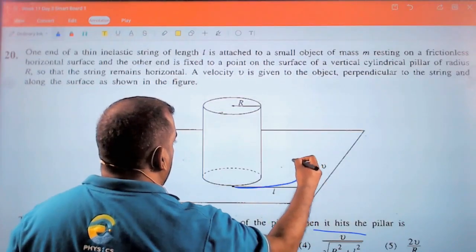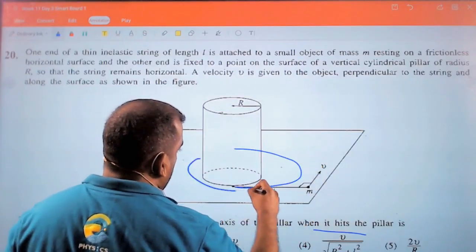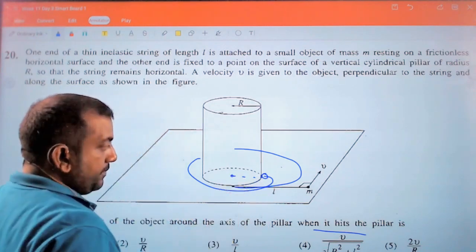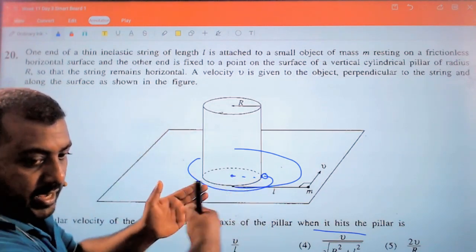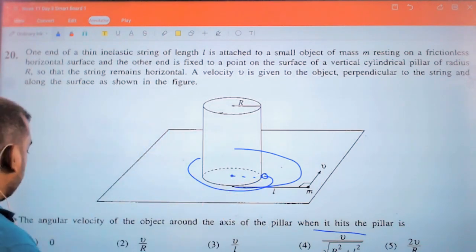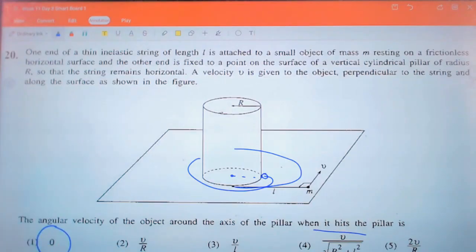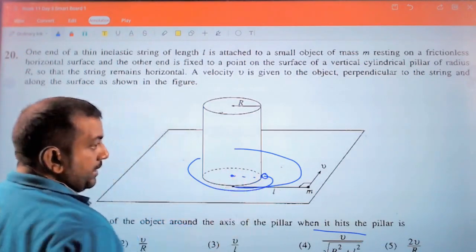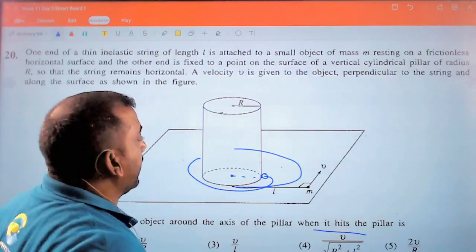It will turn and collide straight, directed towards the center. If it collides directed straight towards the center, there is no tangential velocity, so no angular velocity there.